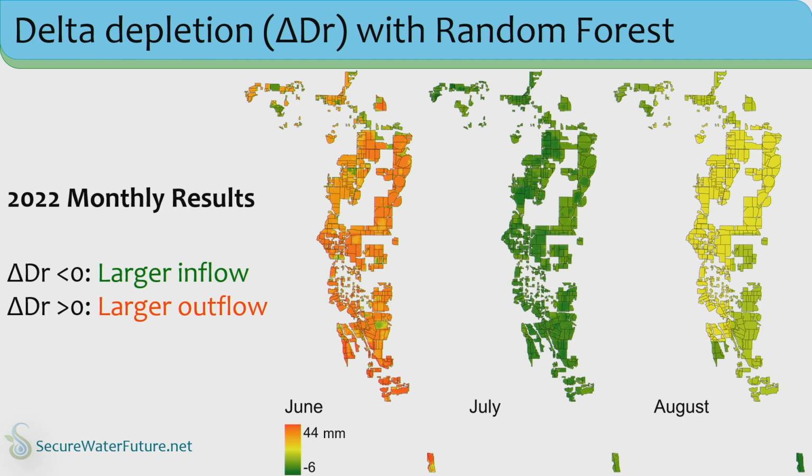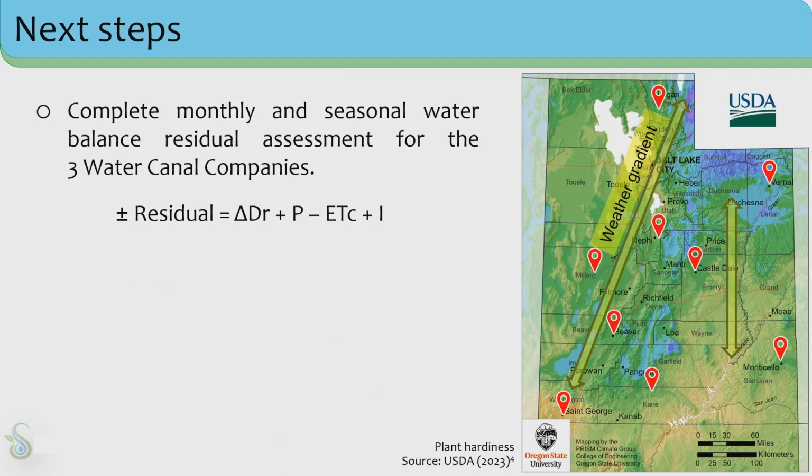We can see variability in changes in soil water storage, allowing us to approximate that residual component that we want to identify per field and per canal company area. Next steps. Well, we want to complete this quantification of the residual and establish that threshold.